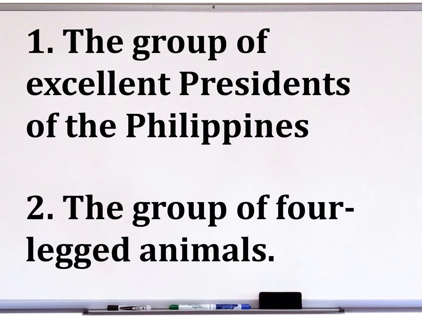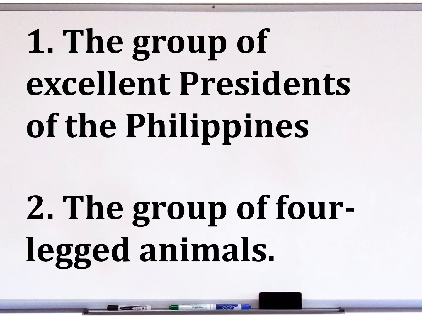Okay, so here are some of the given examples. Here are different statements where we are going to identify whether the given statement represents a well-defined set or a not well-defined set. For number 1, the group of excellent presidents of the Philippines. As you can see, it contains an adjective, which is excellent.